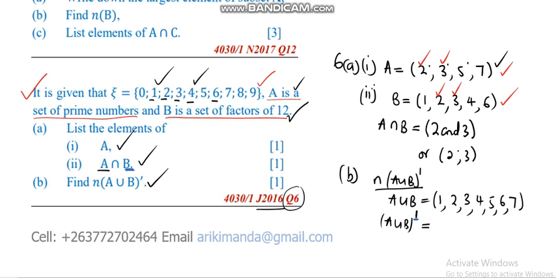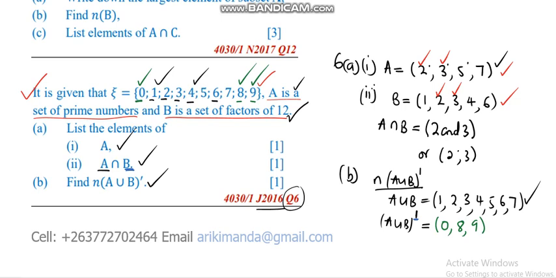The elements that remain in the universal set, not appearing in 1 up to 7, are 0, 8, and 9. So we can safely say A union B complement is {0, 8, 9}. This is the second part.